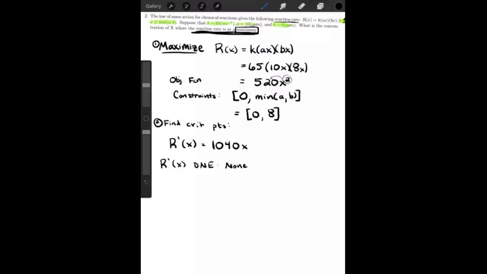It's just a polynomial. And if we set the derivative equal to 0, then that's just going to get us x equals 0. So we do have one critical point, but it is at an endpoint. So that's going to make our step 3 really easy.